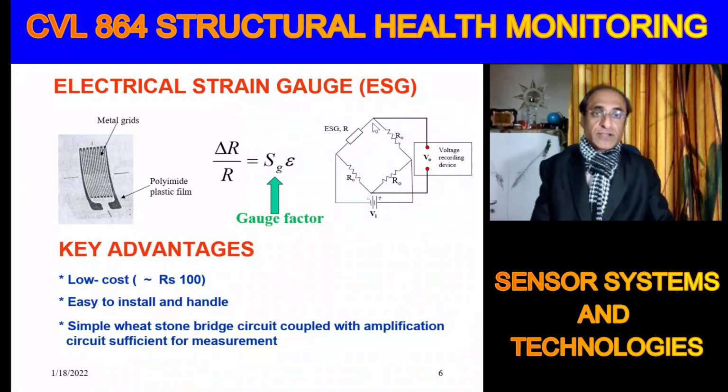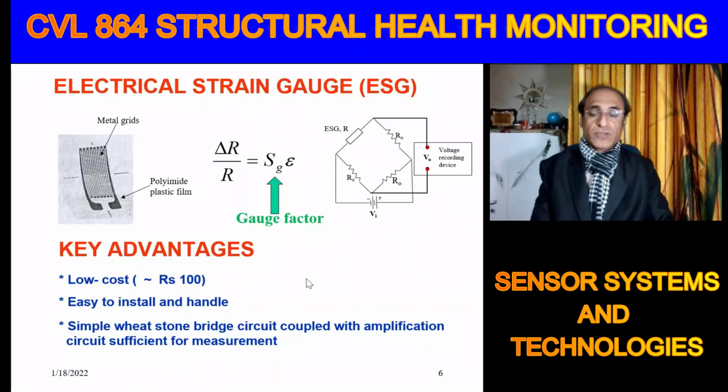So here if we are trying to measure this resistance, and if we are keeping all others the same, and this is the one which is bonded on the structure and it undergoes change on account of strain, what will happen? Immediately the Wheatstone bridge will be unbalanced and there will be a current flow and a voltage generated, and that will provide us a measure of the change of resistance.